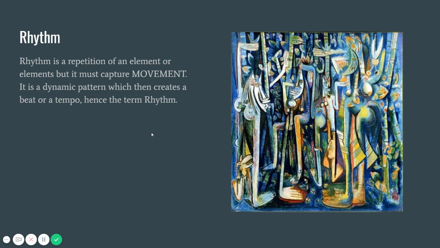And that is exactly why it's coined the term rhythm, okay? That you can almost see a musical score, musical composition, that it creates some sort of beat when your eye is kind of bouncing around it.